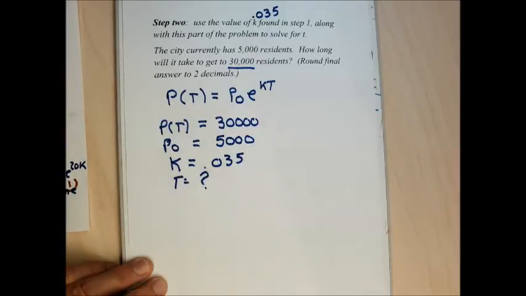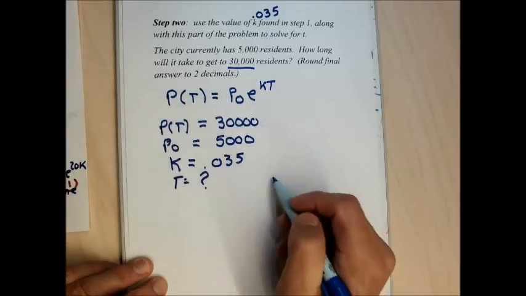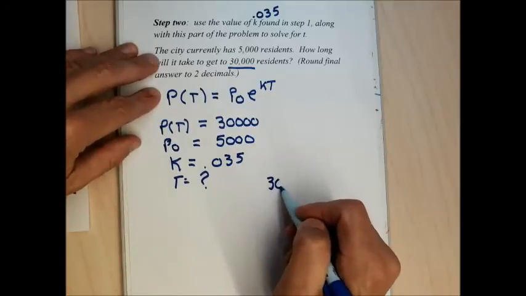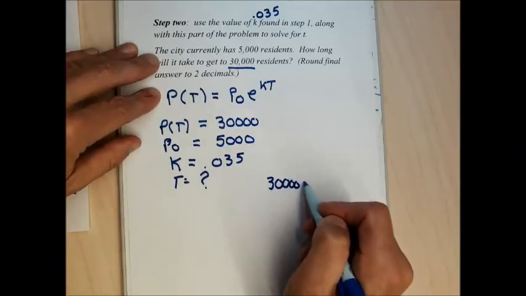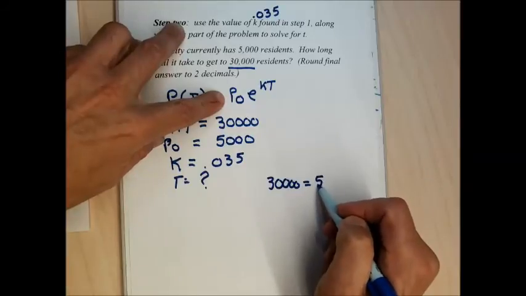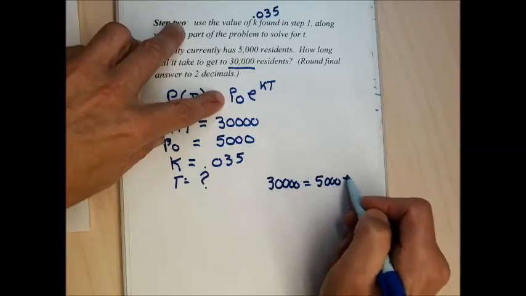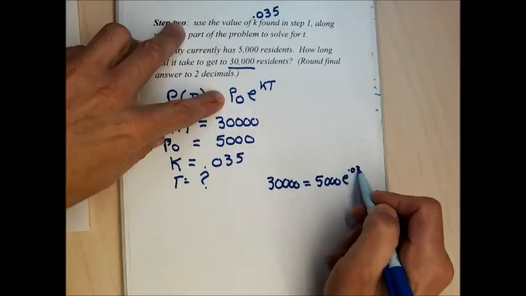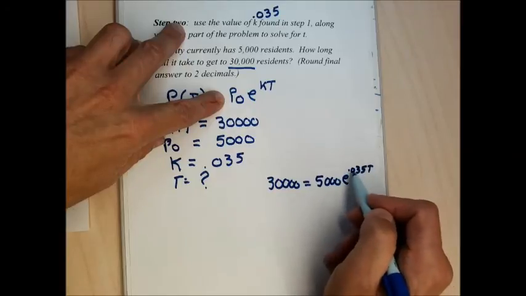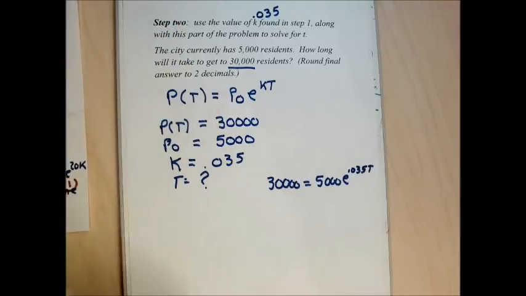So I'm going to take those values and plug them into this formula and get myself 30,000 on the left-hand side equals 5,000 times e to the 0.035t. That's just taking the 3 values and plugging them into the formula.